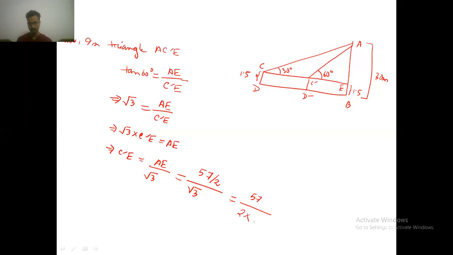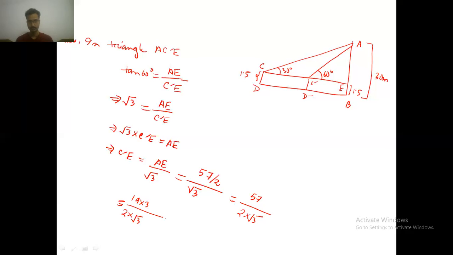Now 57 we can write as 19 into 3, because 19 into 3 is 57, by 2 into √3.